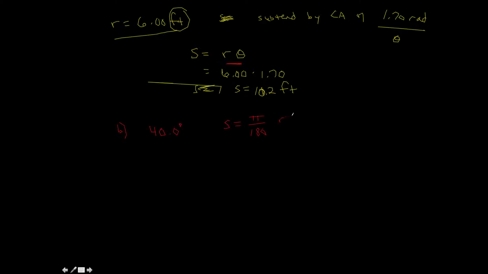Same mode of thought here. Pi over 180 times, well, what's our R? Our R is 6.00, times our theta, which in this case is 40 degrees. So times 40.